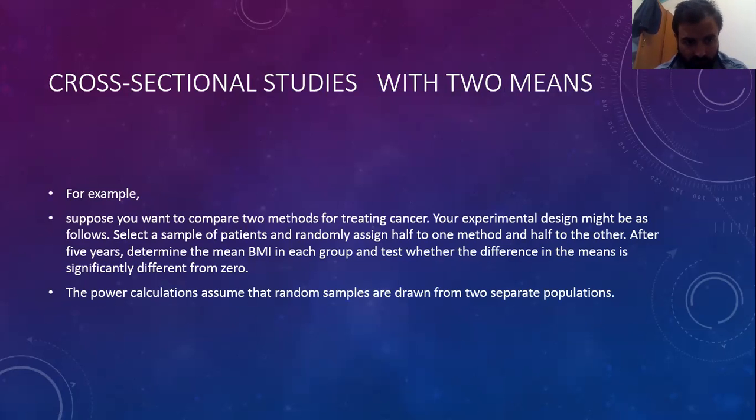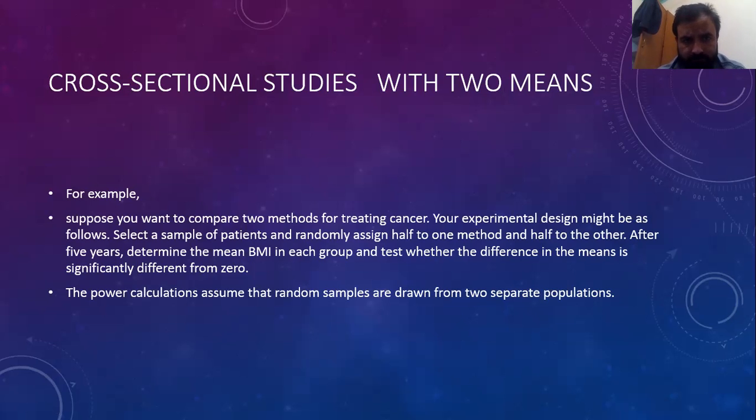After 5 years, we determine the mean BMI in each group and test whether the difference in the mean is significantly different from zero. So the power calculation assumes here that the two random samples are drawn from two separate populations.